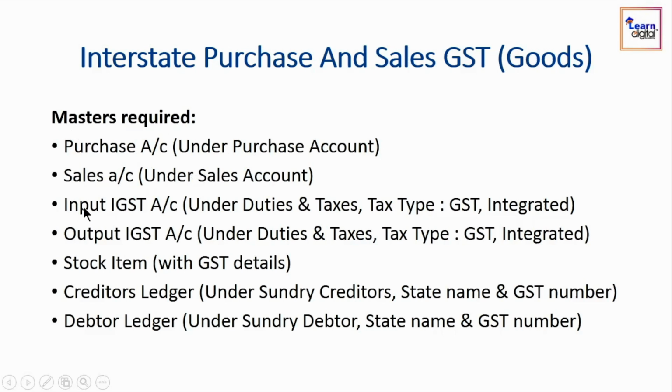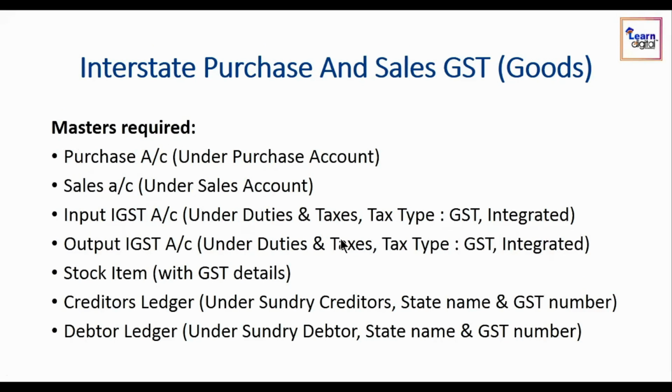For purchase, we need input IGST, under duties and taxes, GST type integrated tax, and output IGST, again under duties and taxes, GST type integrated. Stock item with details, we have already created, and the creditors ledger and debtors ledger along with their GST numbers. So these are the masters required.